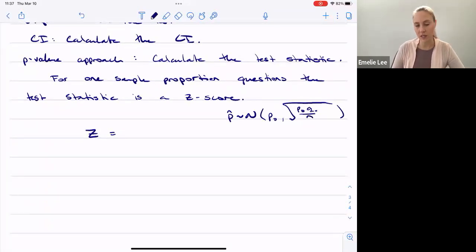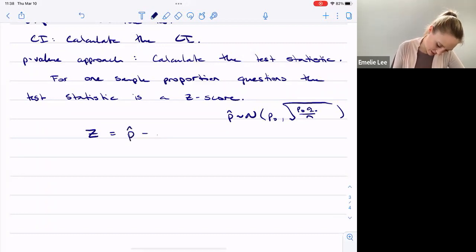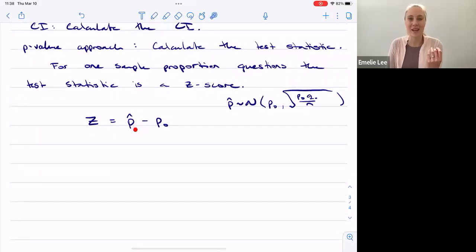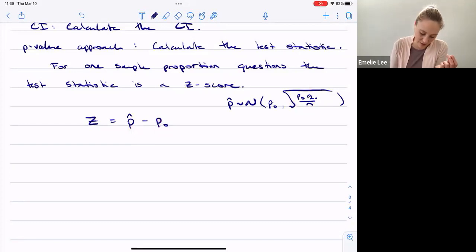Remember, z is x minus mu over sigma. So now I can translate that to p hat minus p naught, over the standard error: how far is this sample statistic from my hypothesized proportion, taking into account the spread.